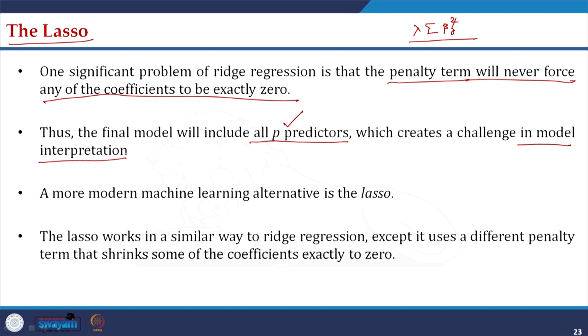One modern alternative to this is Lasso regression, where some of the betas out of the total p will be 0. Based on the data, for a coefficient that is not useful, that is redundant, the coefficient will become 0, and that is called Lasso.